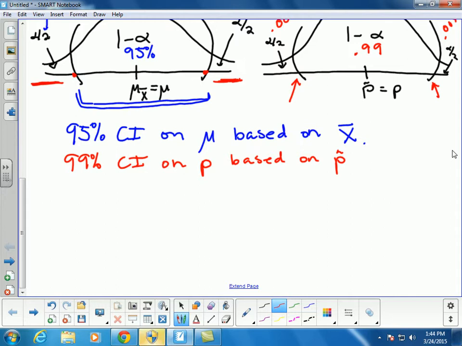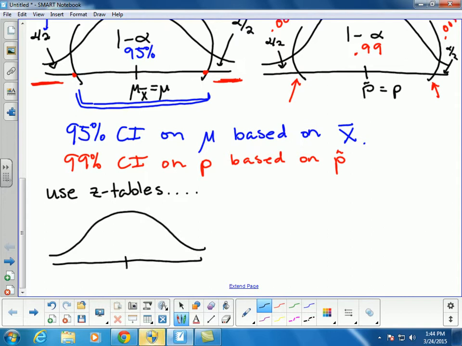So the way we do that is, if we look in our z-tables, which you have done on several examples, and the z-tables are always centered around 0 with a standard deviation of 1, if you want to mark off 95% of the probability, you know that the z-score is 1.96 and negative 1.96, or about 2, right?